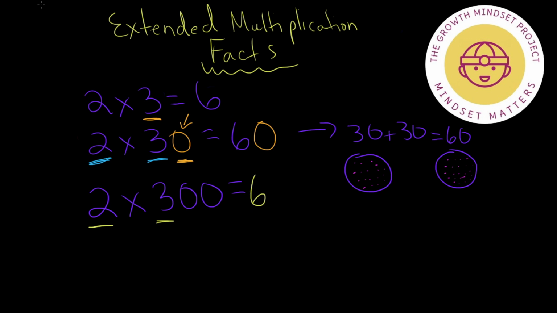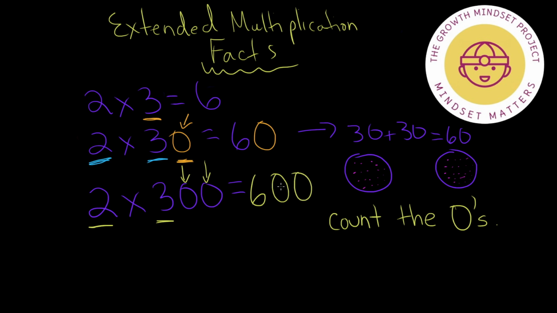And we said the rule was to count the zeros. So let's count the zeros. Well, here's 1, and here's 2. And we're going to add those zeros to the end of our product. Okay, so 2 times 300 is equal to 600.